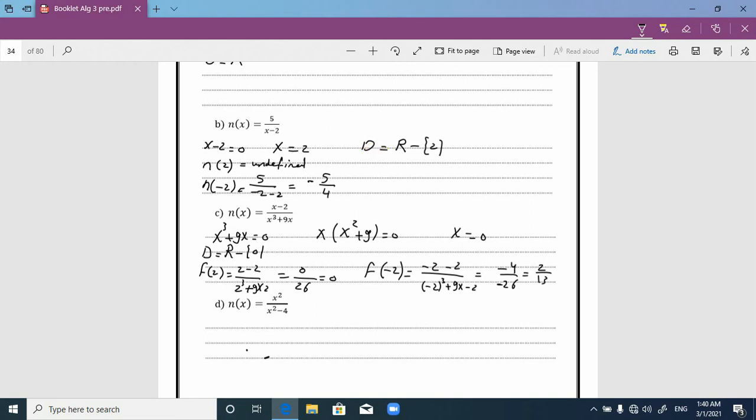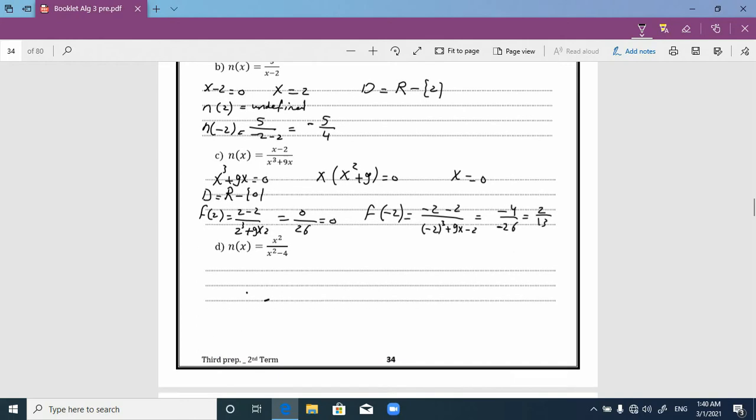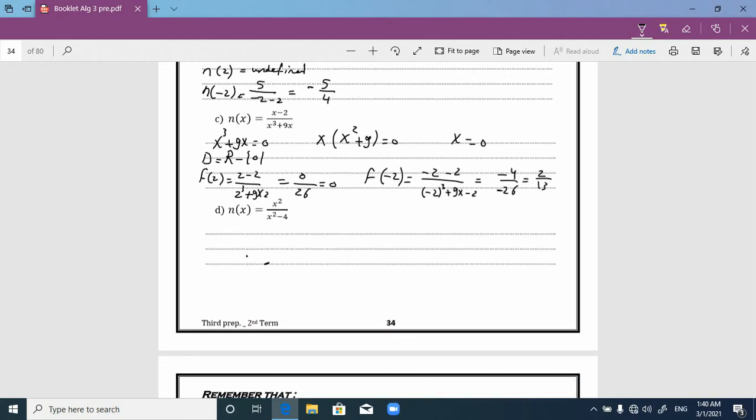Okay, let's see another example. If n of x equals x power 2 over x power 2 minus 4. Taking x power 2 minus 4 equals 0, so x power 2 equals 4, so taking the square root of both sides, x equals positive or negative 2. So the domain of this function equals R minus {2, negative 2}.